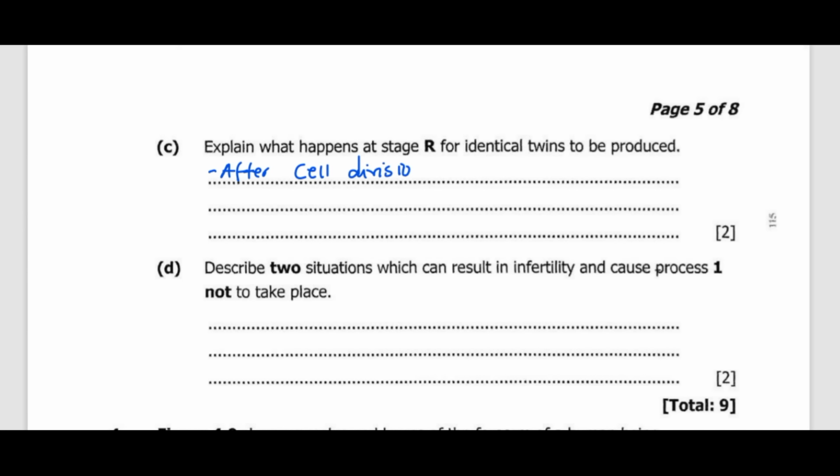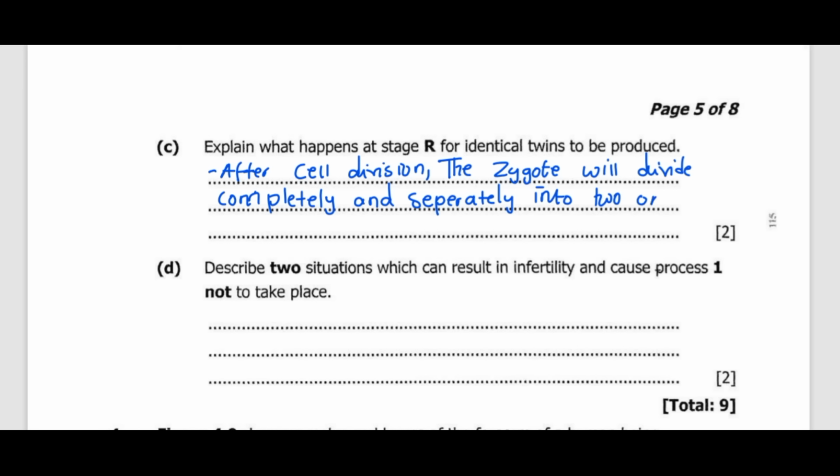So say after cell division, and the cell division we are looking at is the first cell division. So after cell division, the zygote will divide completely and separately into 2 or more balls of cells.